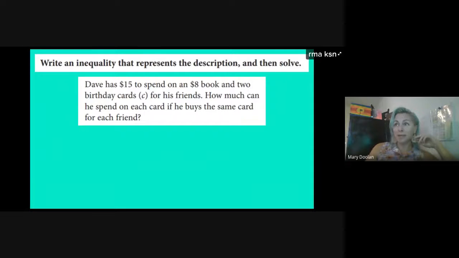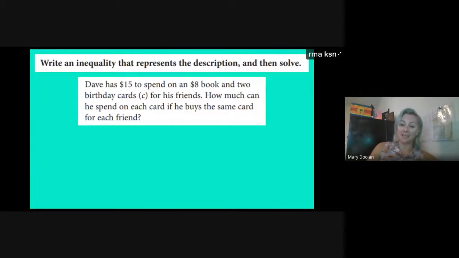So Dave has $15 to spend on an $8 book and 2 birthday cards, C, for his friends. How much can he spend on each card if he buys the same card for each friend? All right, so 2 birthday cards, and we're trying to figure out how much money he can spend on these cards individually.